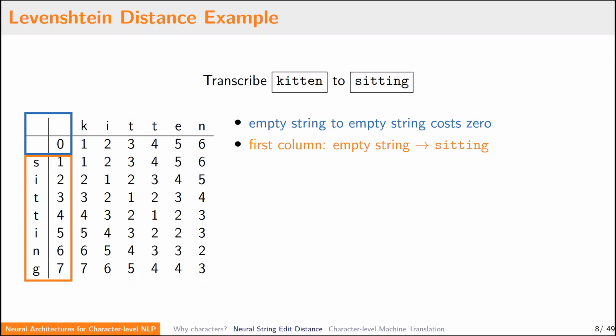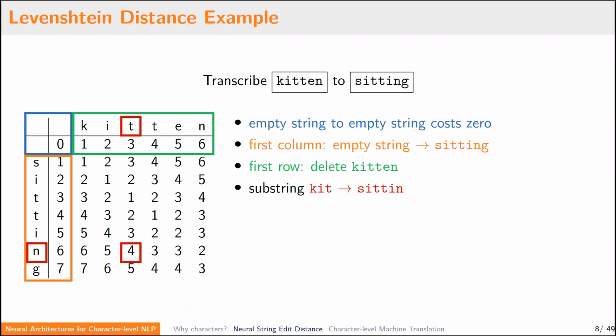We always insert 1 character, and the cost increases by 1. And this is the cost of deleting the word kitten. So each letter costs 1, and in the end we end up with an empty string. These are the simple cases, and now the interesting part.